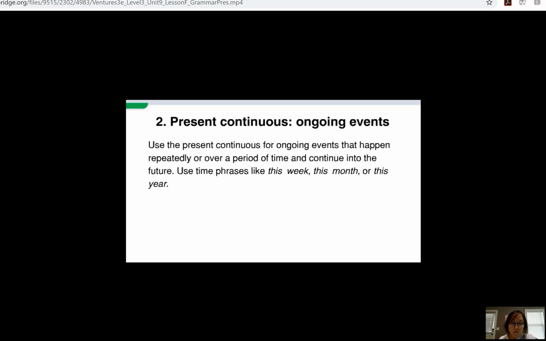Present continuous, ongoing events. Use the present continuous for ongoing events that happen repeatedly or over a period of time and continue into the future. Use time phrases like this week, this month, or this year. She's taking care of her neighbor's house this month.